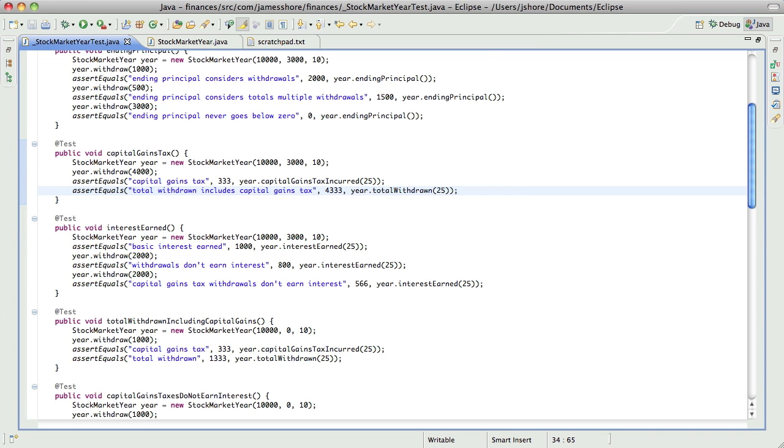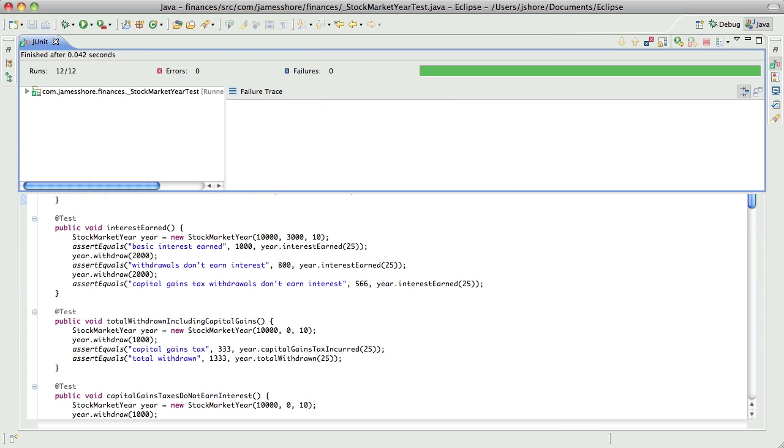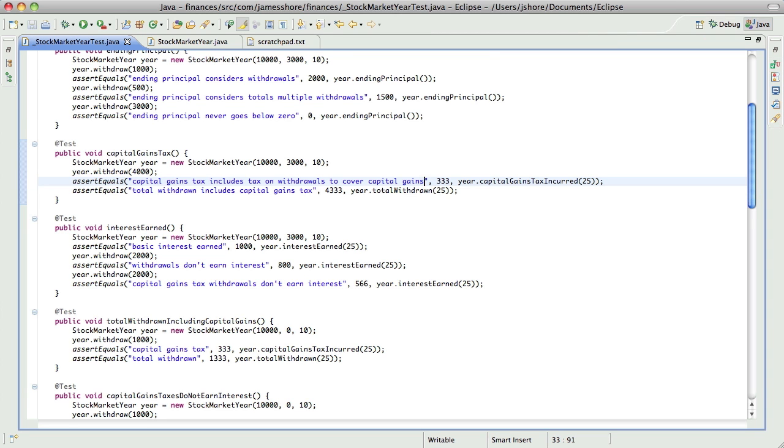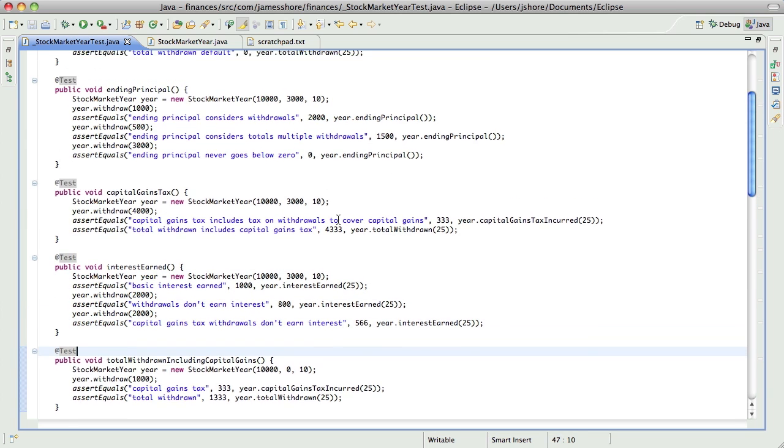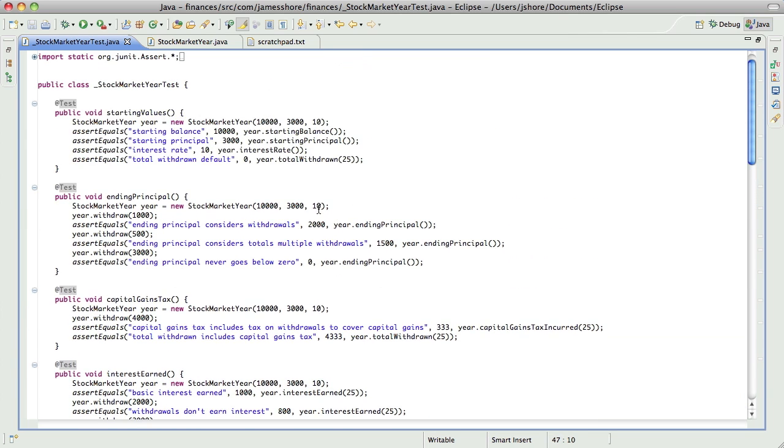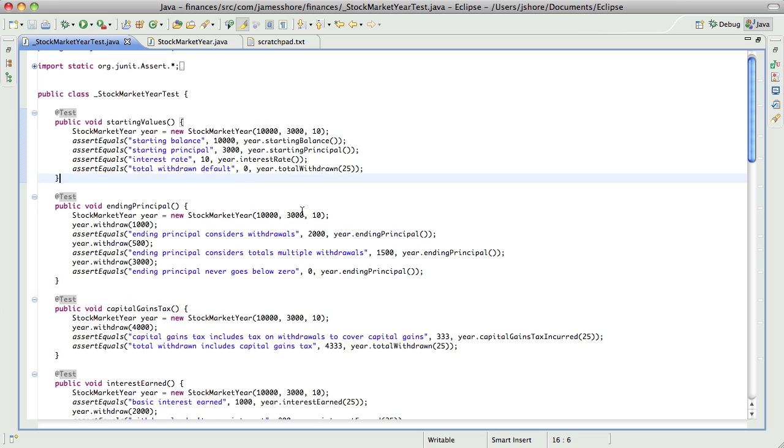Now, what I did do is cut out the little explanation about capital gains tax. Includes tax on withdrawals to cover capital gains. I just don't know a succinct way to describe that. Okay, so interest earned, there we go. Now we can talk about ending balance.